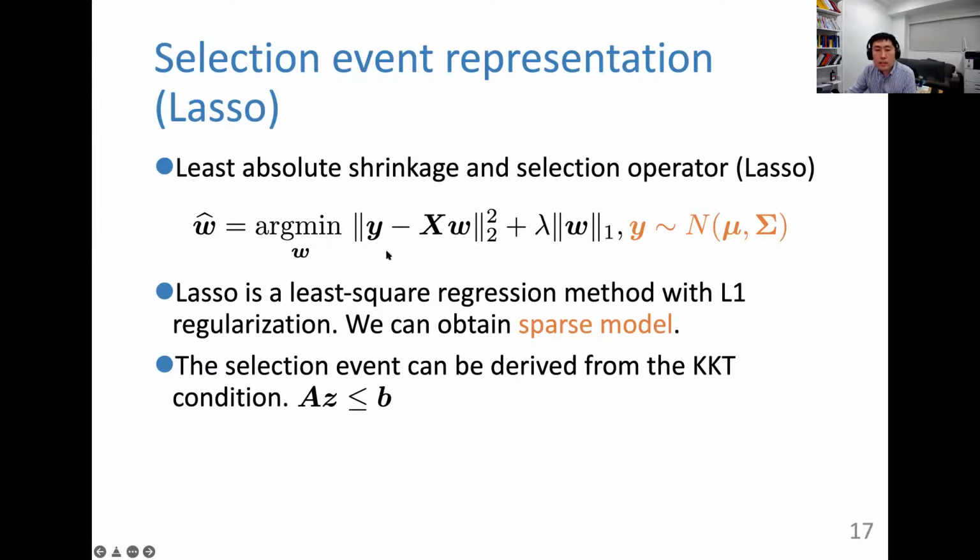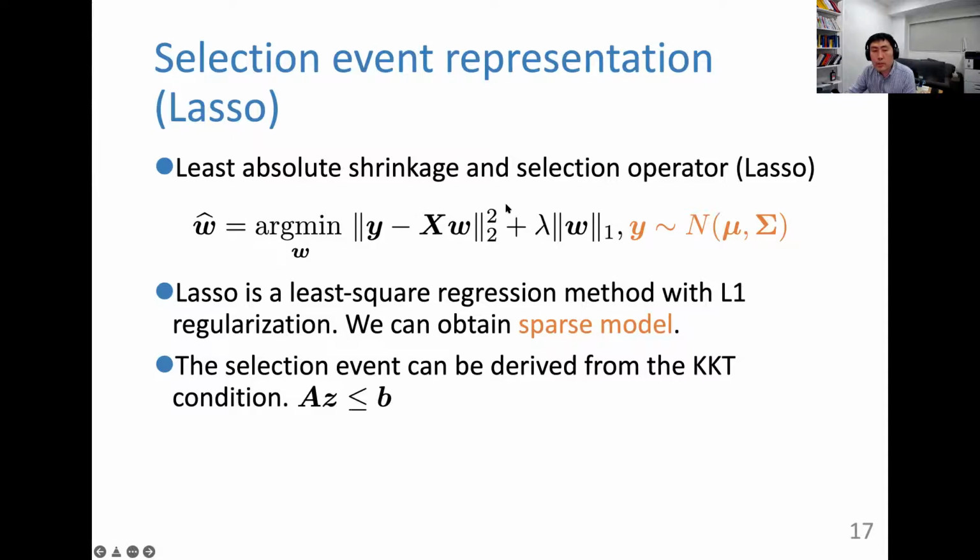Here, we assume Y follows the multivariate normal distribution. In the previous polyhedral lemma, I used Z, but here Y. So we just need to replace Z with Y, then we can use it for the Lasso case. For this case, the actual selection event can be derived from the KKT condition.